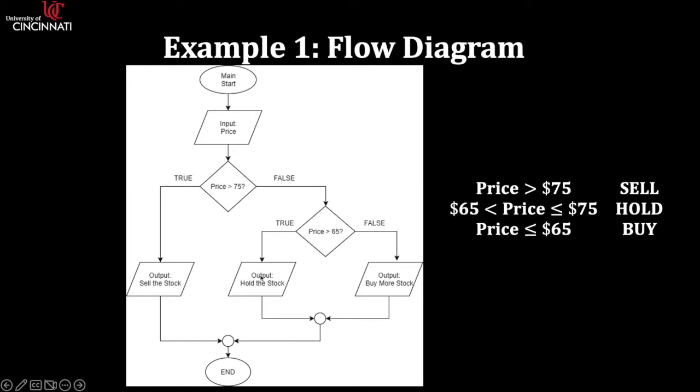So if it's true, we output hold the stock and end the program. And if that is also false, that would mean the price is less than or equal to $65. So then we output buy more stock and we end the program. If you notice, this is actually of the form of a nested if structure, which is what we're going to discuss now while coding problem 1.